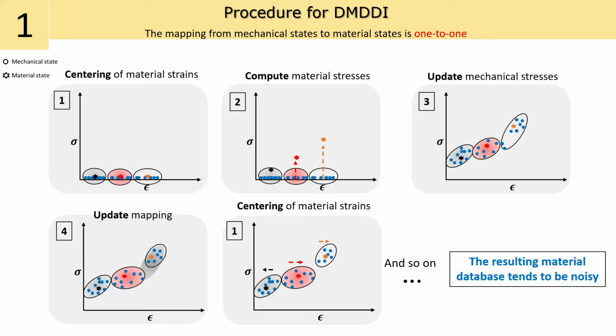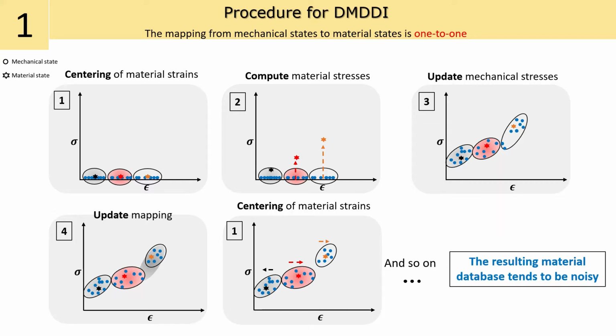Then in the third step, we update mechanical stresses based on the material states that we've computed in the first and second step. Finally, in the fourth step, we look at the distance between the mechanical states and the material state, and we see if it is necessary to update the mapping between them.